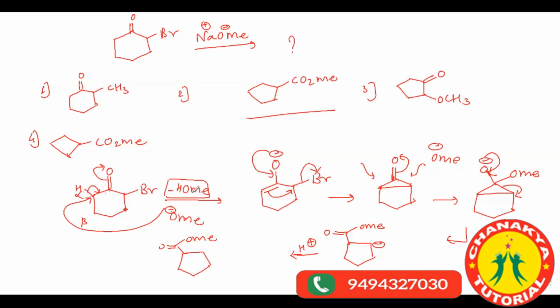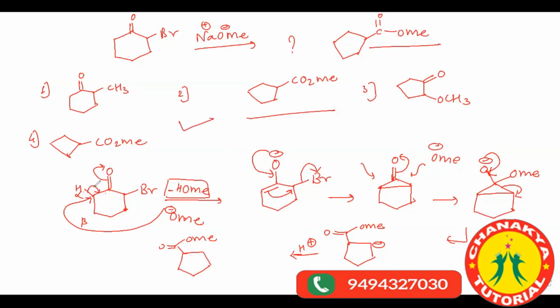Isn't it? Yes? Yes, sir, ma'am. This structure is nothing but what? Your five-membered ring attached with C double bond O, OMe. CO2Me is nothing but C double bond O, OMe. So your second option is correct.